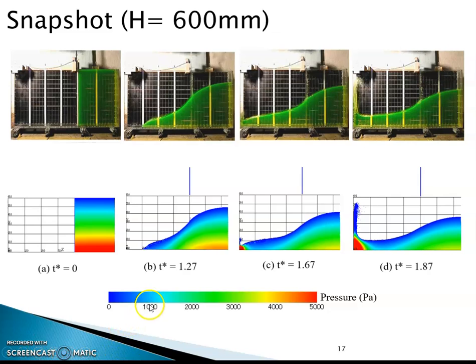is reasonable and acceptable. You can see the pressure gradient from the static condition before opening the gate until the gate is removed, and the impact after it hits the wall, which shows the higher pressure.